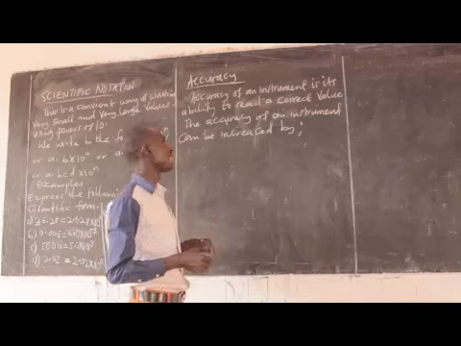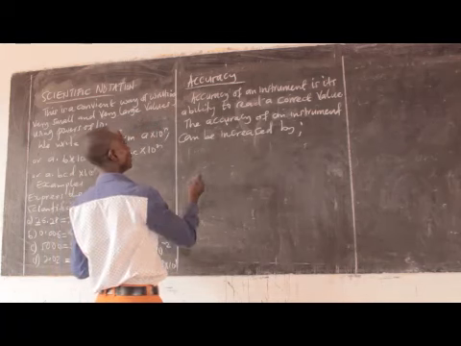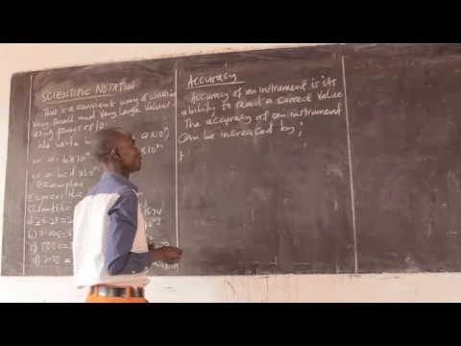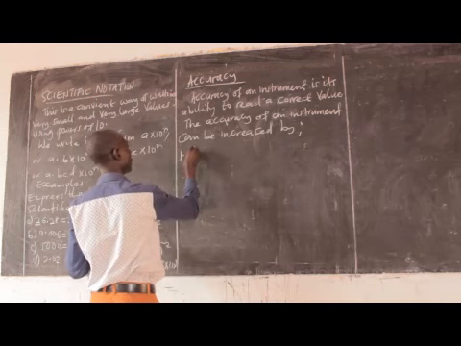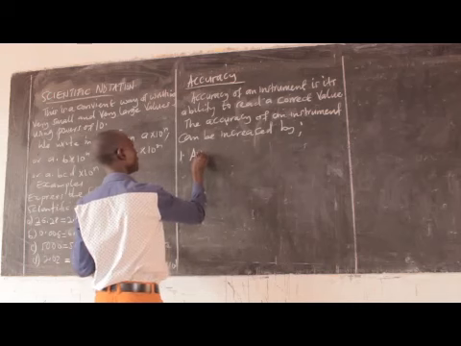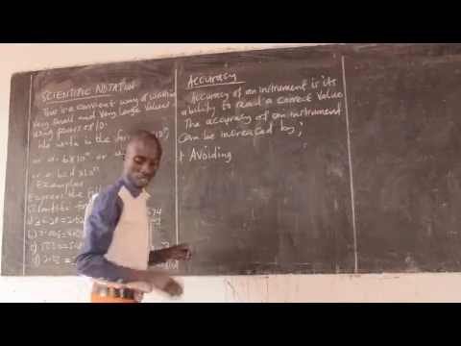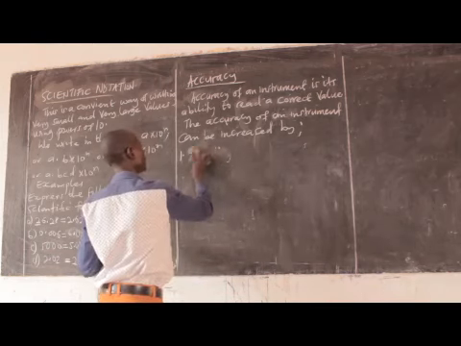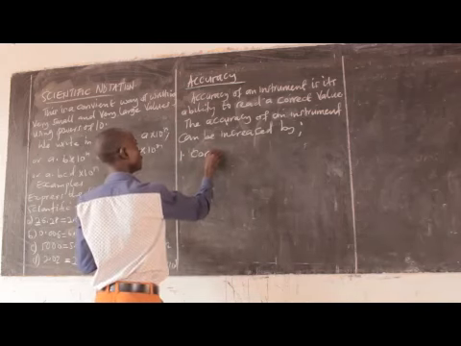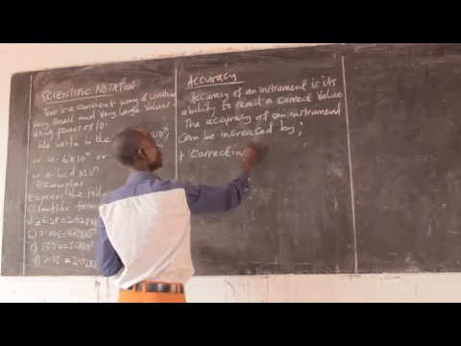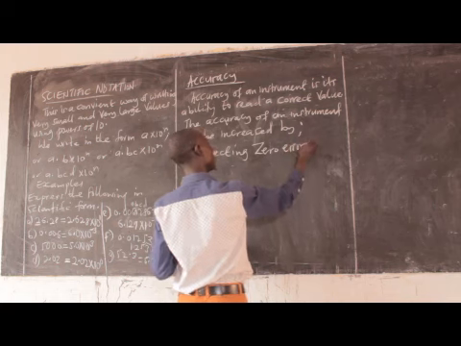So you have to pay attention. If you want to get accurate values, one way of increasing the level of accuracy is by avoiding, well, you can avoid, but in most cases it's not avoidable, so you can say correcting zero errors.